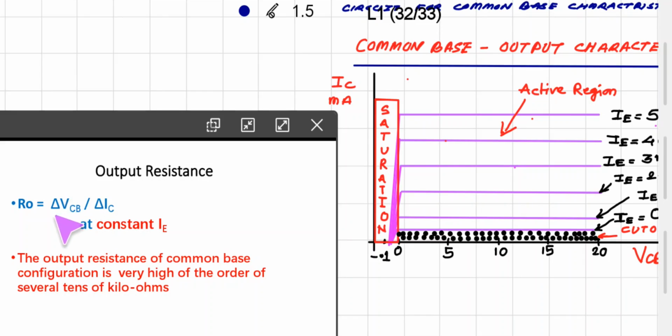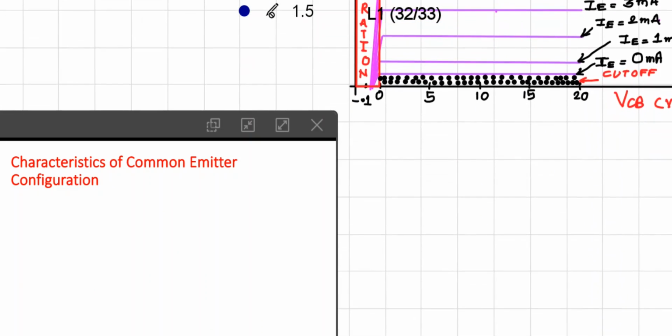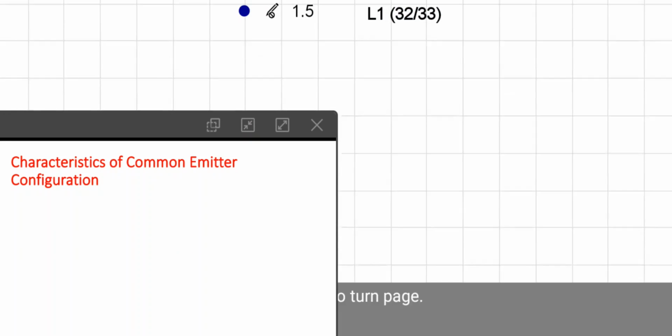So this value is very high and this value is very low. So the output resistance of the common base configuration is very high and is of the order of tens of kilo ohms, that you remember for solving problems. So let us consider the common emitter configuration.